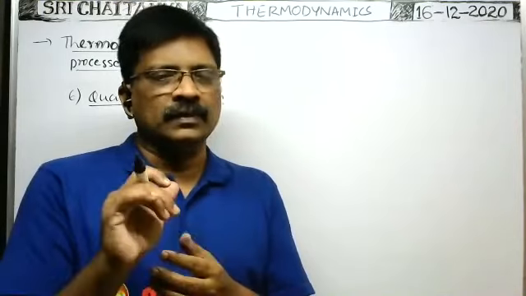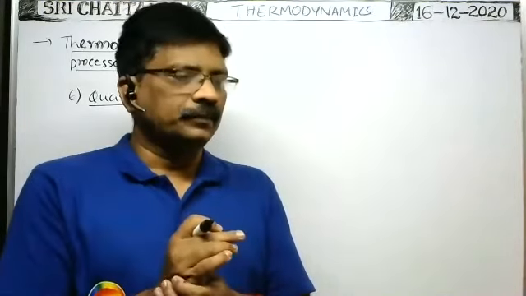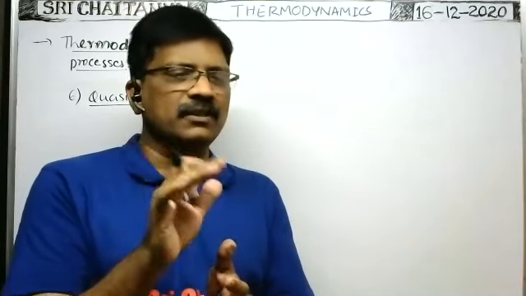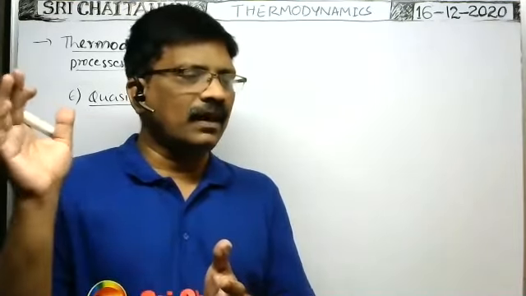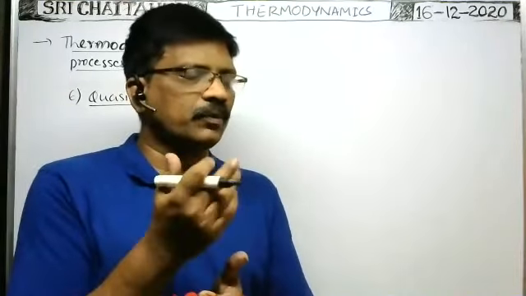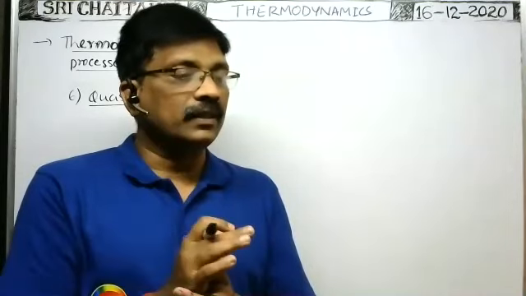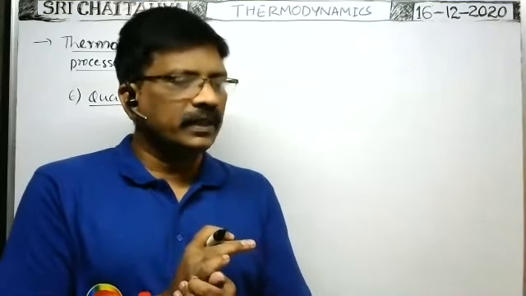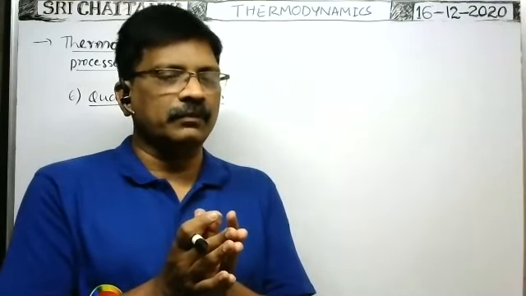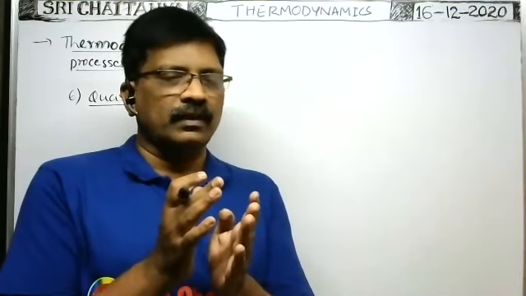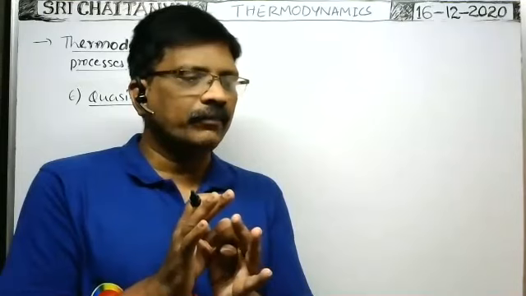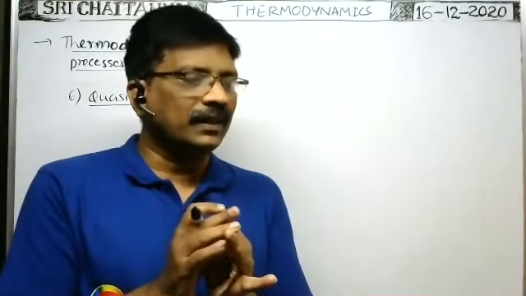Next, dynamical equilibrium. Dynamical equilibrium means whenever you supply some heat energy to the system, some work is done on the surroundings. If the same work is done on this system, again the same heat energy is produced. That is said to be dynamical equilibrium. So whenever the system is in thermodynamical equilibrium, it must be in thermal equilibrium, chemical equilibrium and dynamical equilibrium.